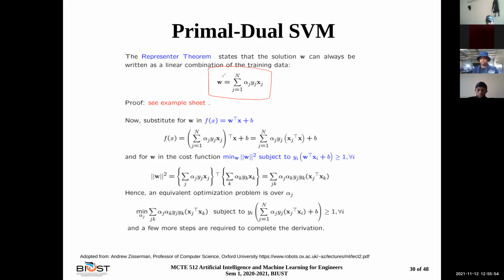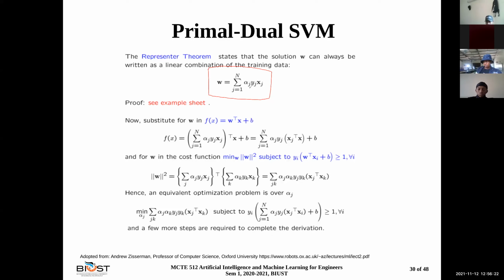I want to leave you with these equations: W can always be written as a linear combination of the training data. So this W can always be written as the sum over all your X's of the training data, the n samples, multiplied by the classification plus some value alpha.